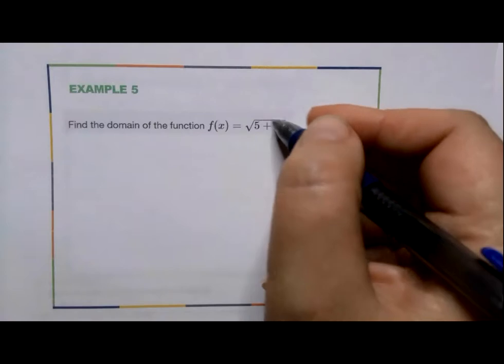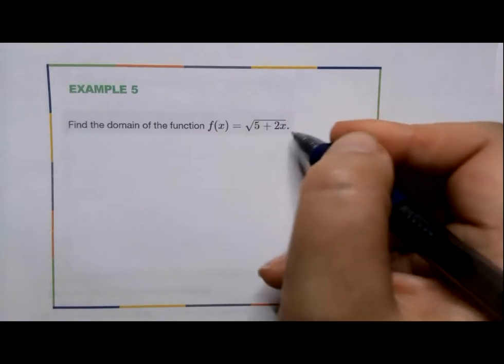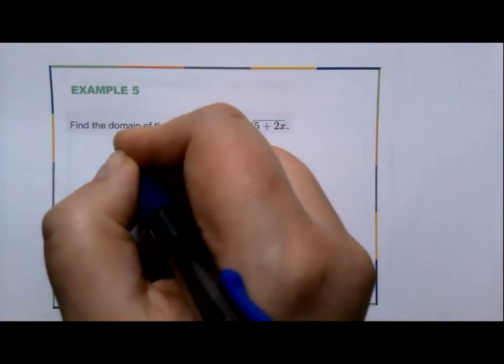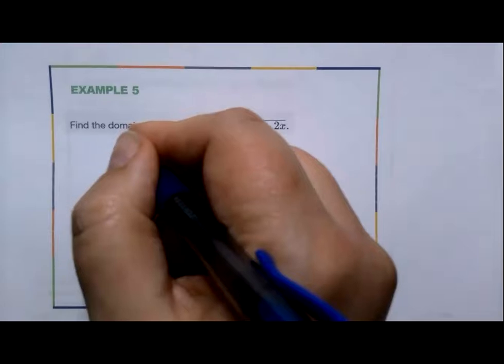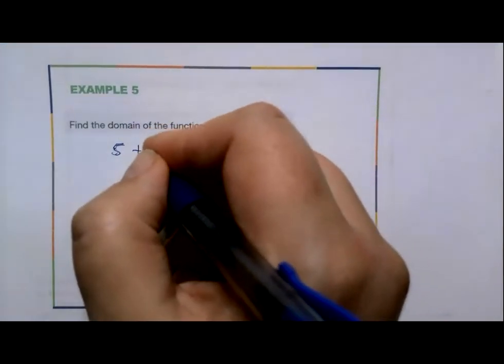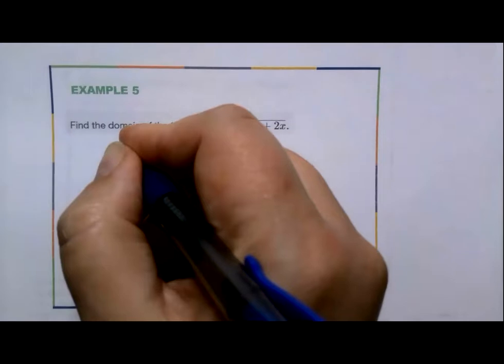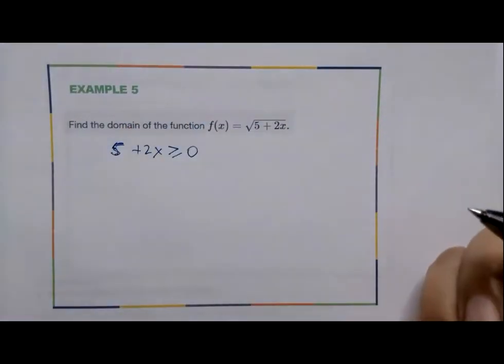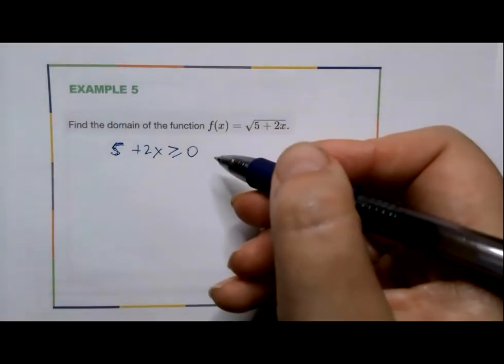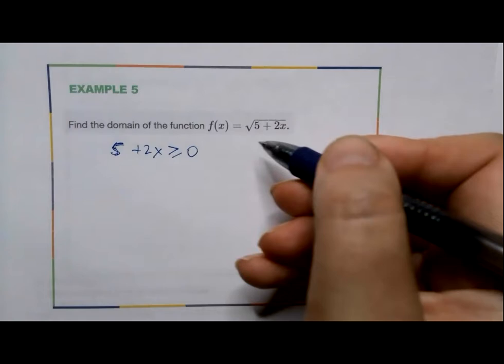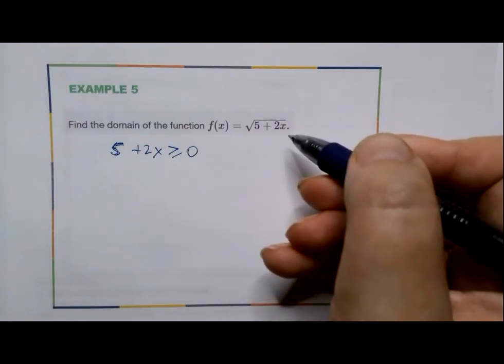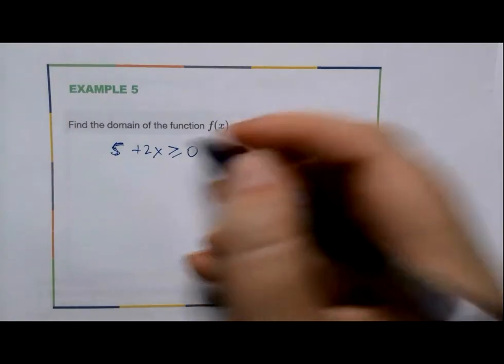We want the value under the root to be greater than or equal to 0 always. So 5 plus 2x should be greater than or equal to 0. That's how you set it up. And once you solve this inequality, you're going to have your domain for this function.